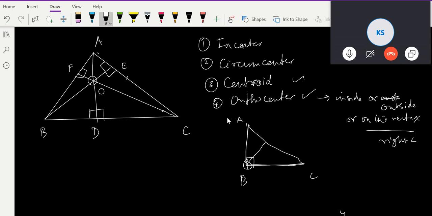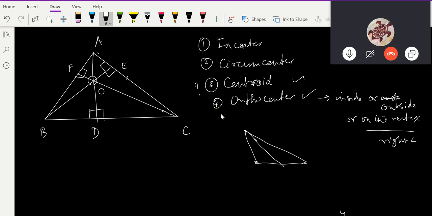What about centroid? Inside the triangle. Centroid will always be inside, no matter what. Correct? What about incenter and circumcenter?